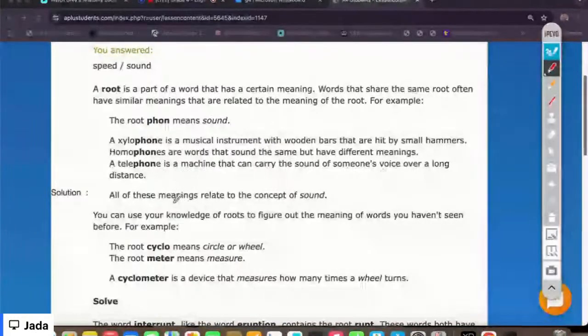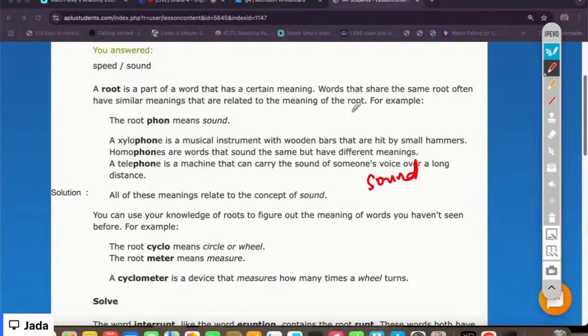All of these meanings relate to the concept of sound. The first is a musical instrument, the second is a word that sounds the same but has a different meaning, and a telephone is a machine that carries the sound of our voice over a long distance. So you need to take note of that.